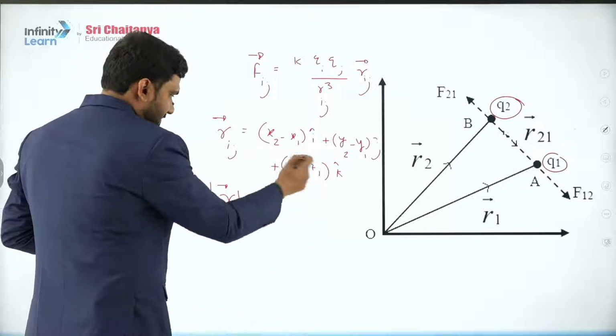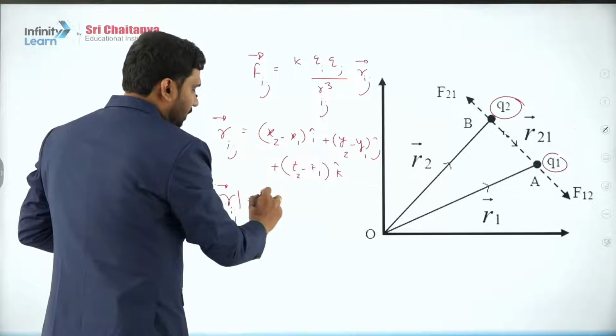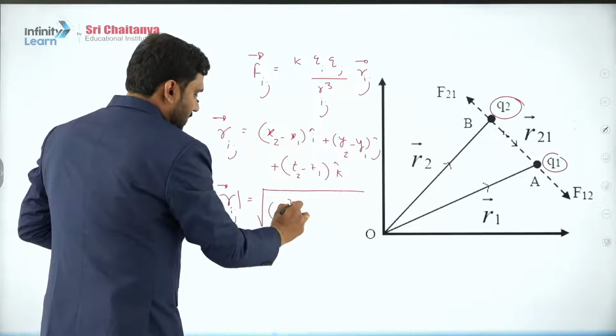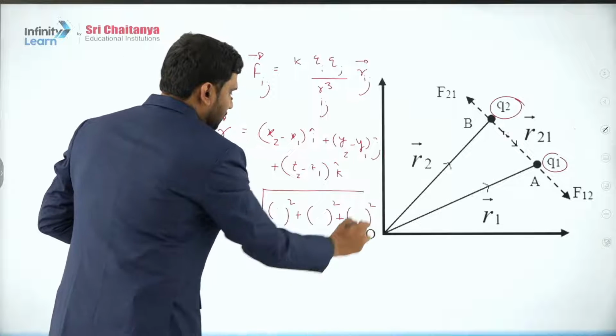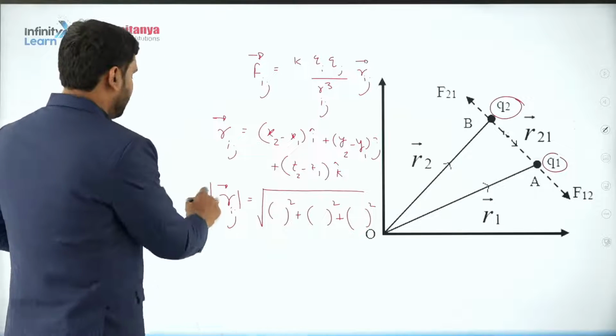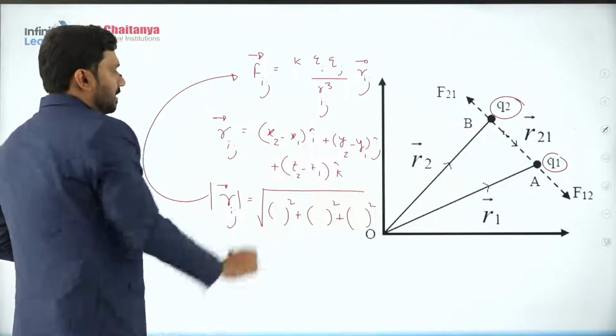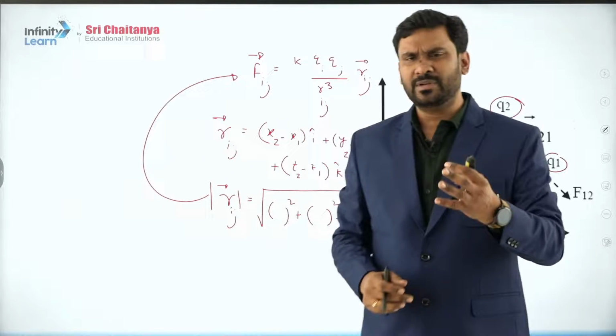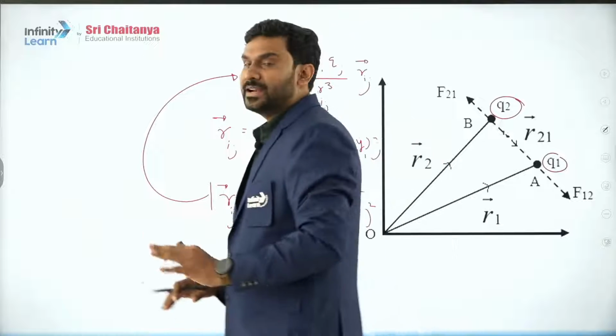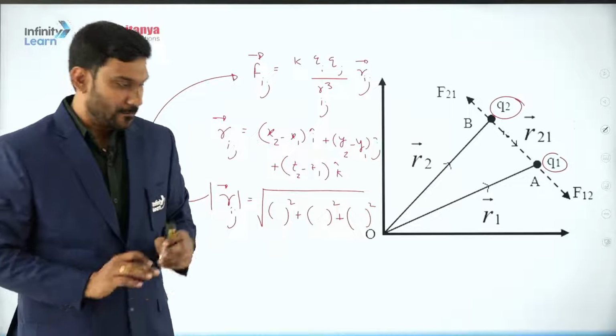That will be root under of (x2 minus x1) square plus (y2 minus y1) square plus (z2 minus z1) square. We can put the result over here and get the coordinate form of Coulomb's law. I don't think that will be very much applicable, but it is important to know the basic crude form.